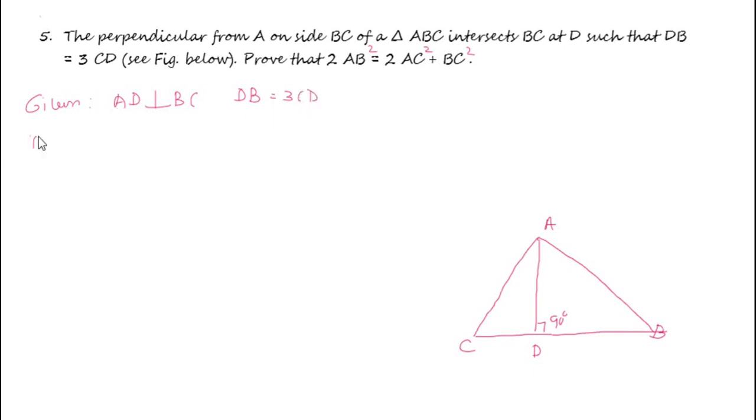To prove 2AB square equal to 2AC square plus BC square. This is perpendicular, fine. Then DB is equal to 3 CD.